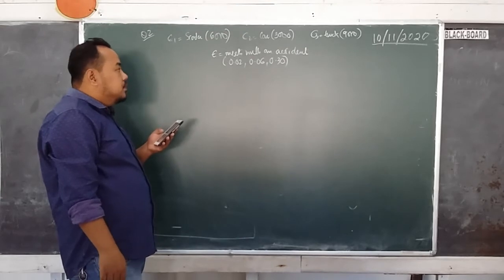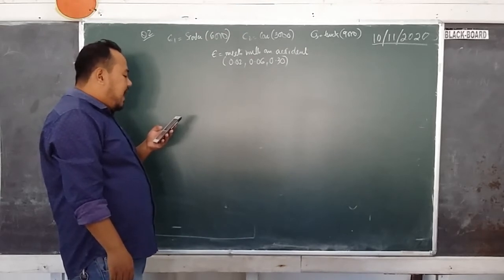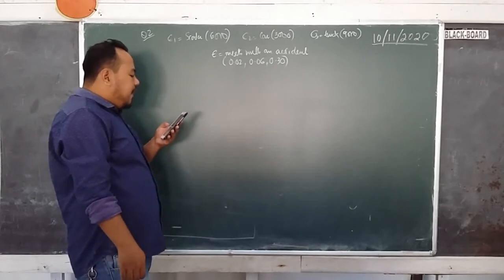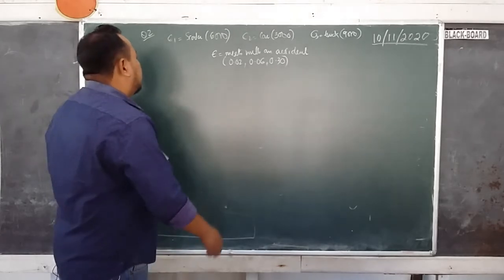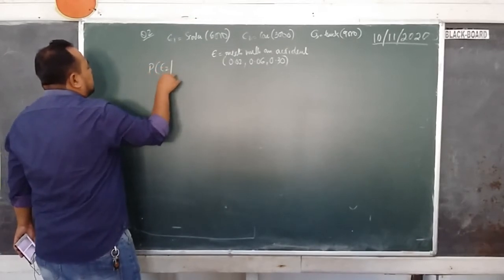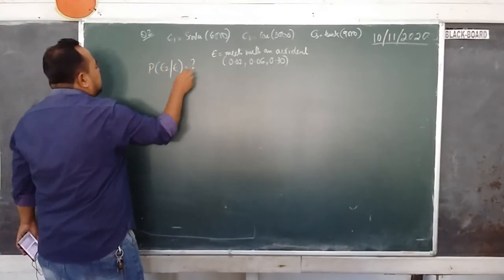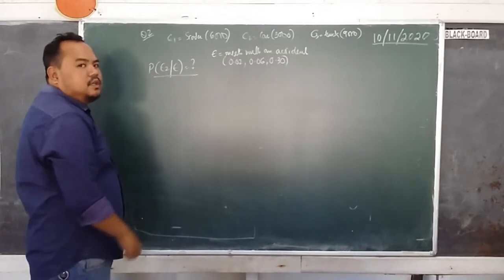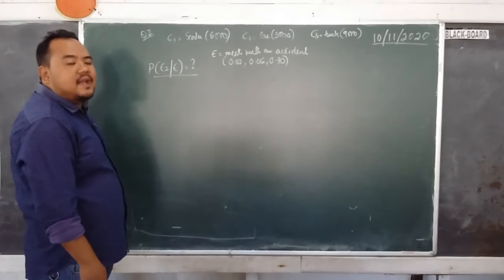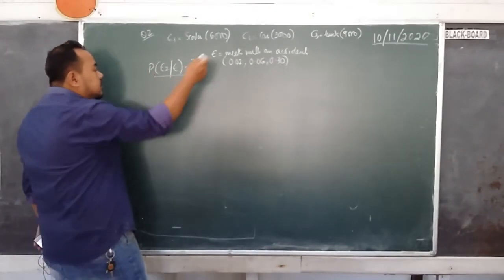One of the insured persons meets with an accident. So the accident has already occurred. Find the probability that he is a car driver. Car driver means what? E2. So they are telling us to find the probability of E2/E. Is that clear? So let us do it.